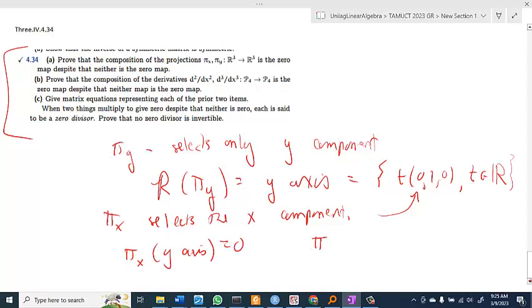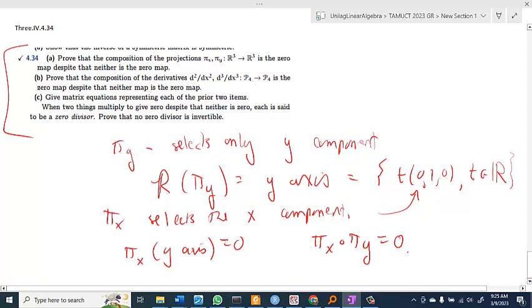That means pi x composed with pi y equals 0. And again, here 0 doesn't mean the number 0, it means the zero map. And b is going to be very similar. You take the fifth derivative of a fourth degree polynomial, and you've taken more derivatives than there are degrees, so it's just going to go to zero. And then you can give the matrix representation.